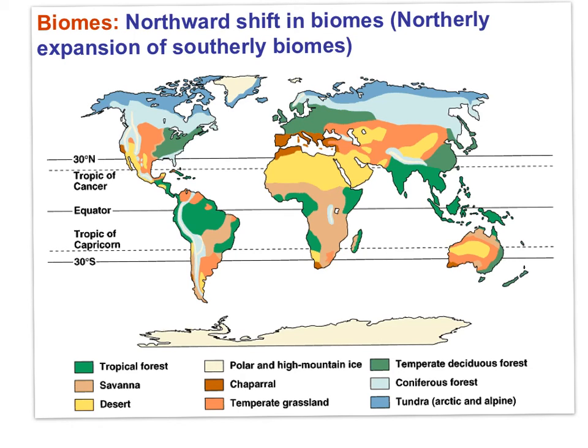Climate change will result in a northward shift in biomes, a northerly expansion of southerly biomes. And as you know, tundra regions would experience a thaw of permafrost in the summers, methane release would increase, and methane is a greenhouse gas, which increases the melting of the permafrost. Hopefully you see the positive feedback loop here.